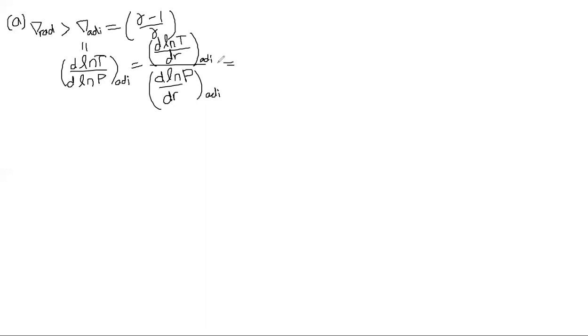Okay, so as an intermediate step, I want to separate what we're taking the derivative of from the differential itself, so separating the ln T and the ln P from the d/dr. So we're thinking of this now as a derivative with respect to radius, but the function that we're taking the derivative of is the logarithms of T and P. These are both still assuming adiabatic.